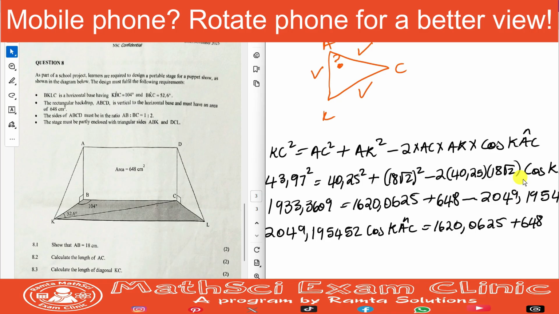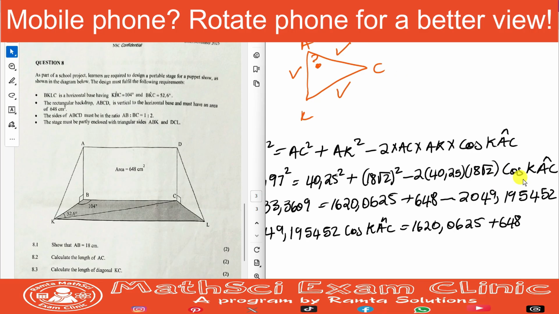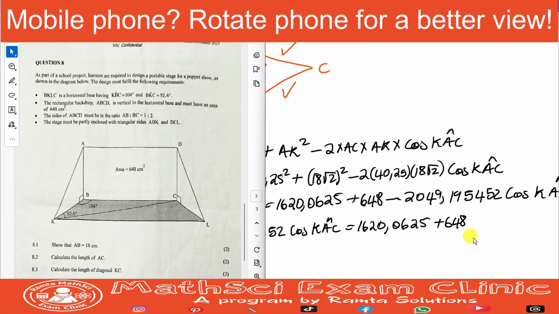The 1933,3609 is positive on the left; when it goes to the right, it will be negative. Minus 1933,3609.